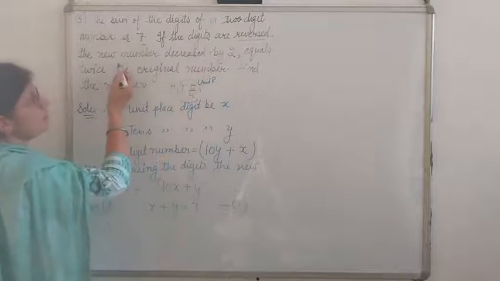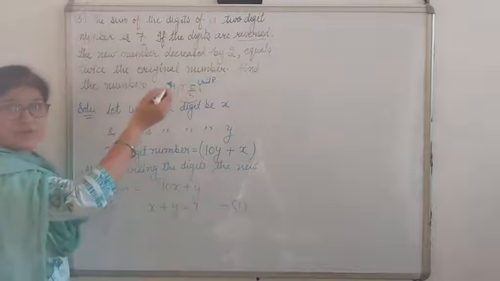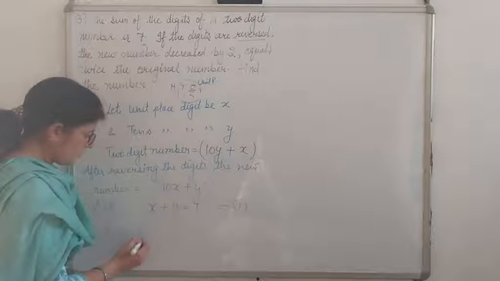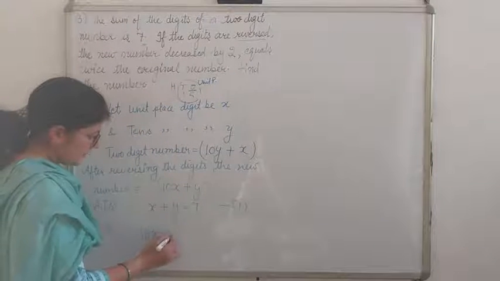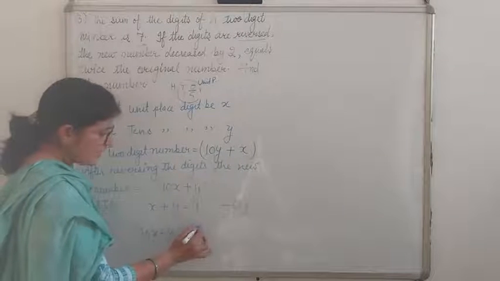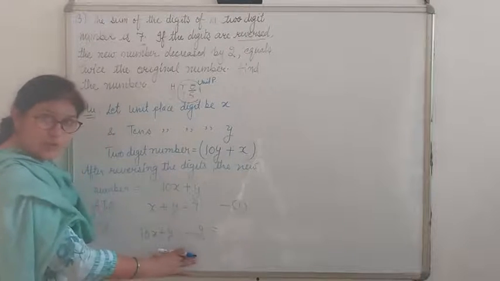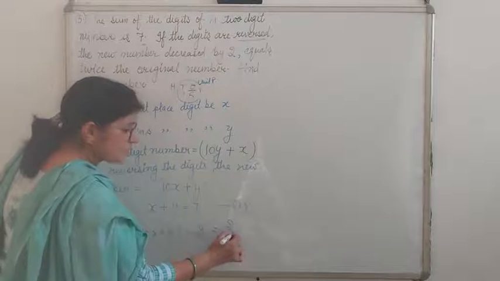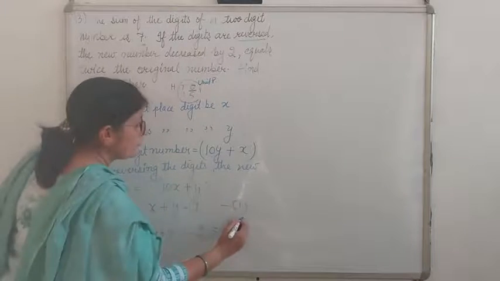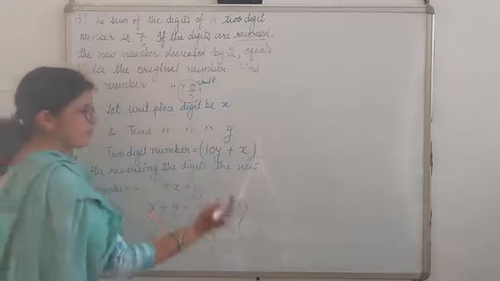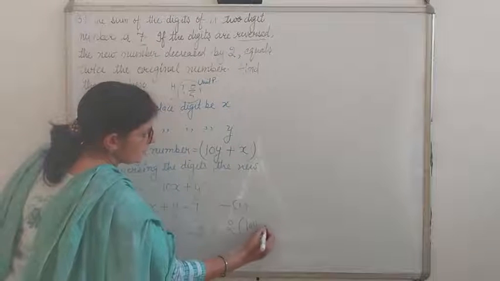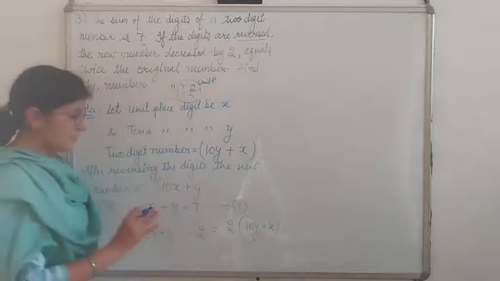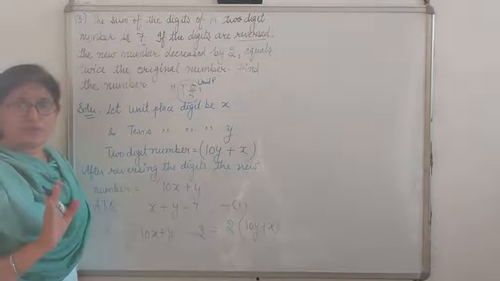And what is the second condition? After reversing, the new number decreased by 2. This new number, if we decrease by 2, then this value is equal to twice, means double, of the original number. What is the original number? 10y plus x. See, I am not doing anything from my own side.